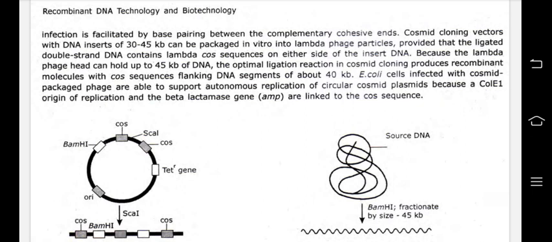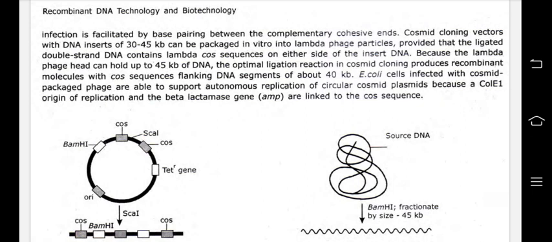Cosmid cloning vectors with DNA inserts of 30 to 45 kb can be packaged in vitro into lambda phage particles, provided that the ligated double-stranded DNA contains lambda cos sequences on either side of the inserted DNA. Because the lambda phage head can hold up to 45 kb of DNA, the optimal ligation reaction in cosmid cloning produces recombinant molecules with cos sequences flanking DNA segments of about 40 kb.